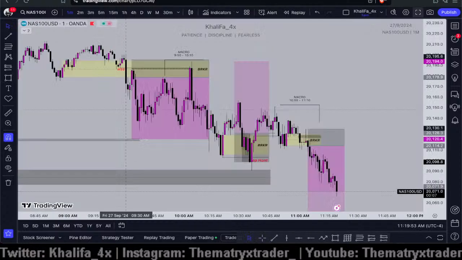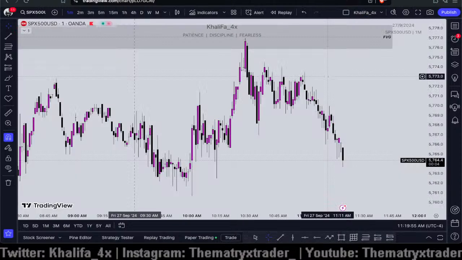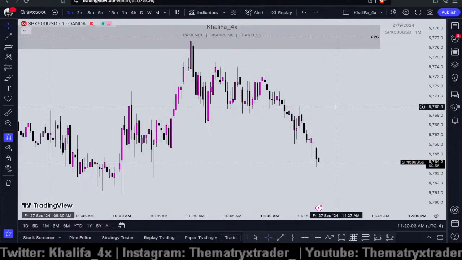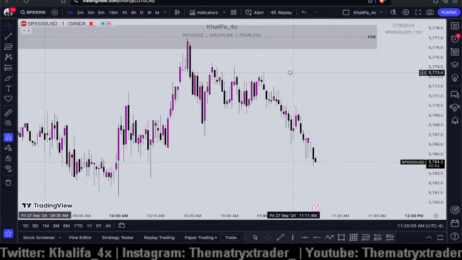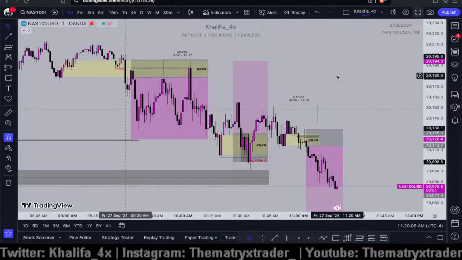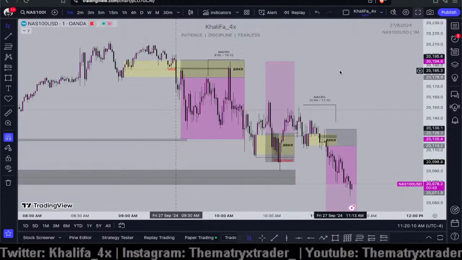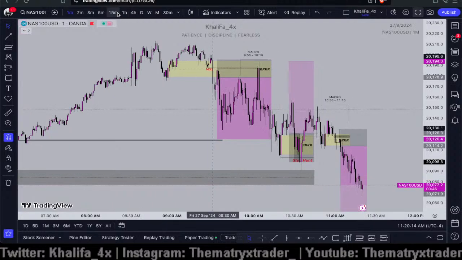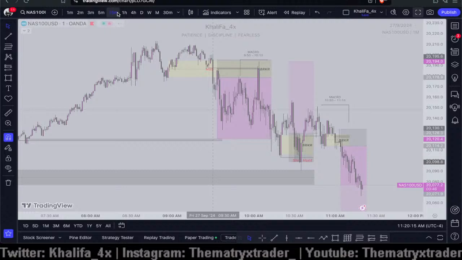I did not see any kind of price action to go for long on the NASDAQ. This is the only reason. This is the freaking reason.